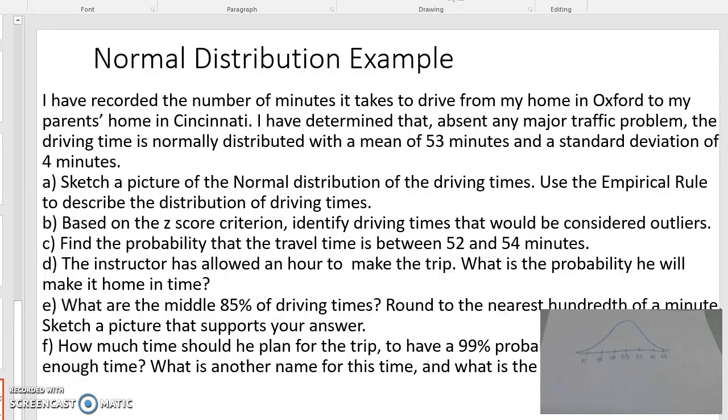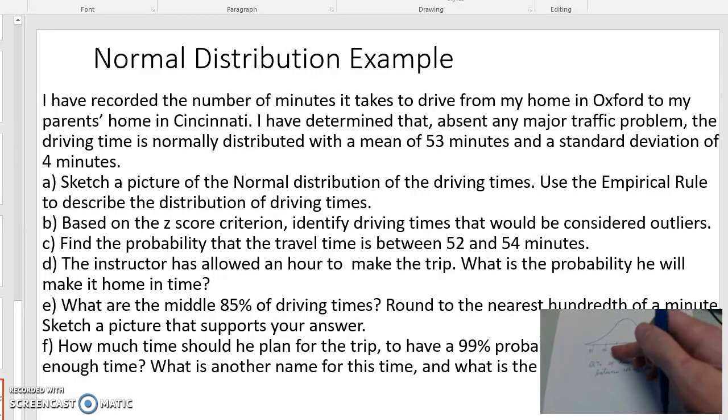And we can use the empirical rule to describe this distribution of travel times. So I would say 68% of driving times are between 49 to 57 minutes.